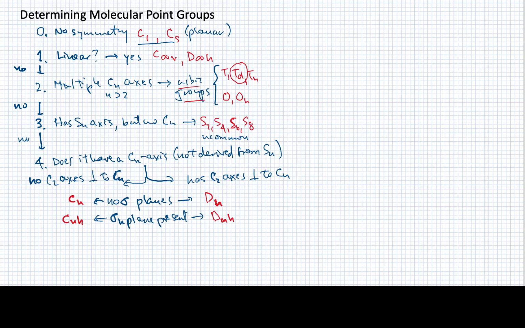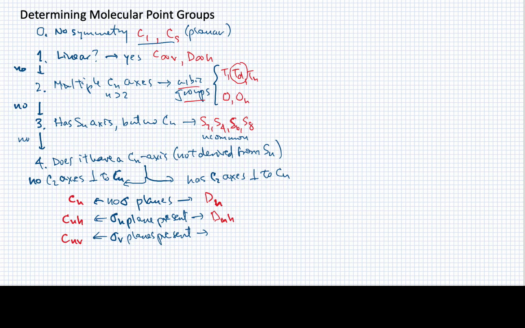Finally, if both of these are not true, then we would come down and ask, does it have sigma v planes present? In this case, we'll again have two outcomes. In the case of no C2 axes perpendicular to the Cn axis, we'll end up with a point group that we would call C sub nv.